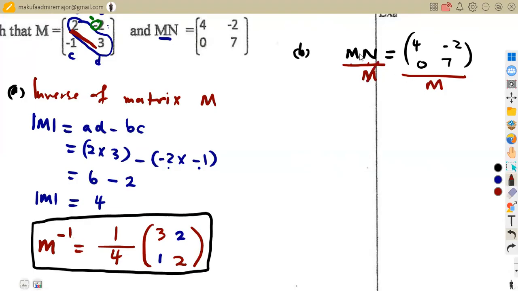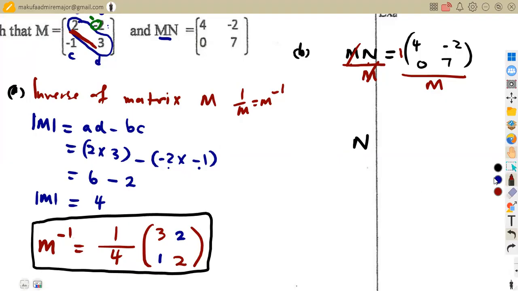We are simply saying this is 1 over M multiplying our matrix, and we know that 1 over M simply means M to the power of minus 1.